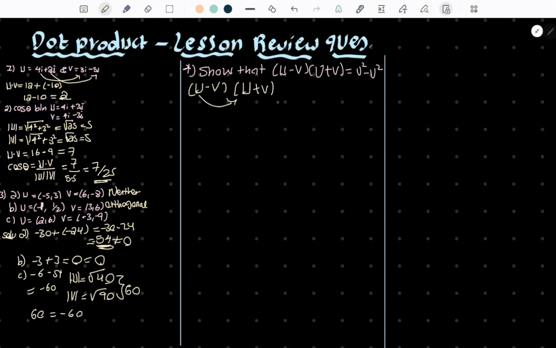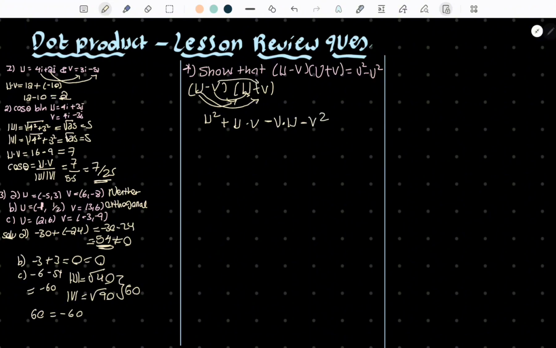So u dot u is going to be u squared, u dot v is going to be plus u dot v, then minus v dot u, and then minus v dot v is going to be minus v squared.